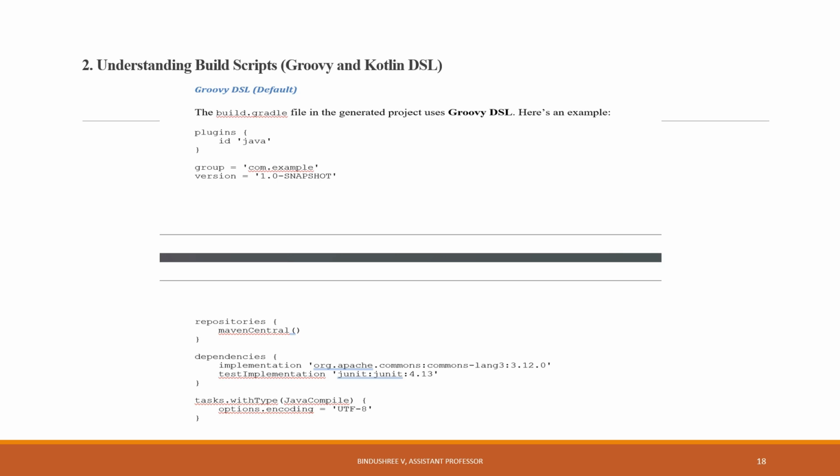Look at this. In the POM file, we used to add dependencies using tags, no? But here it is the dependencies block, and whatever dependency you want can be added just like this. There are many kinds of dependencies in Gradle: runtime dependency, compile dependency, execution dependency, implementation dependency, everything is there. Implementation dependency is what you require whenever you want to implement a project.